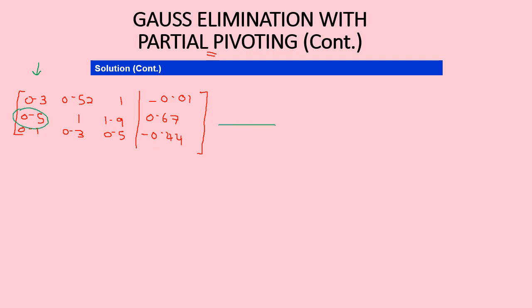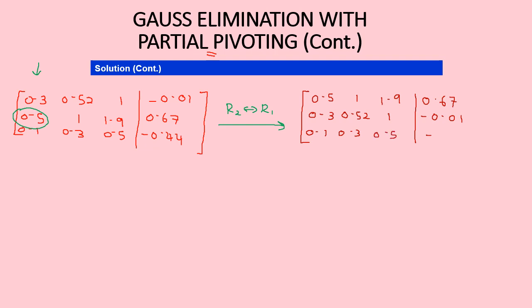So we need to change the row. So the formula, we change R2 with R1. So our matrix becomes 0.5, 1, 1.9, 0.67, 0.3, 0.52, 1, negative 0.01, 0.1, 0.3, 0.5, minus 0.44.